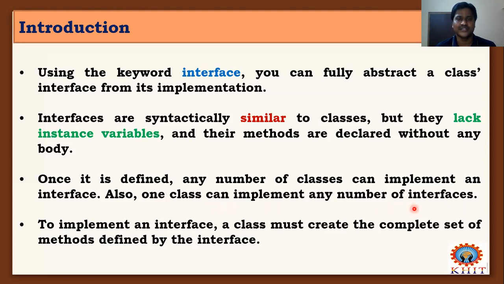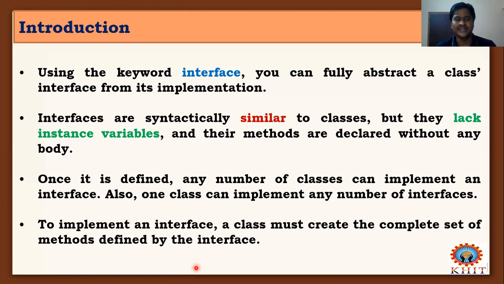When a single class tries to extend the properties of two or more superclasses, this is considered multiple inheritance. This is not supported by Java with respect to classes for the inheritance concept. But using interfaces, we can achieve this, and we can illustrate the concept of multiple inheritance.